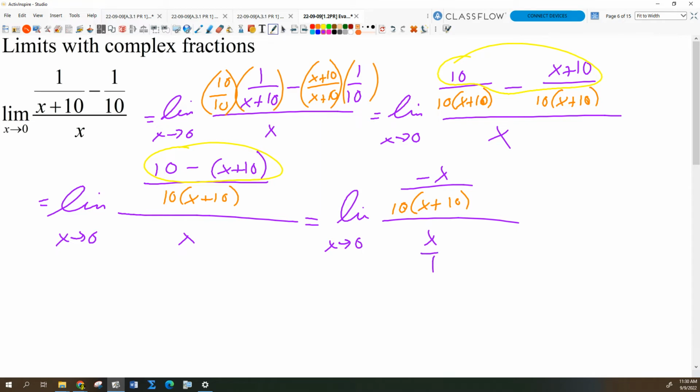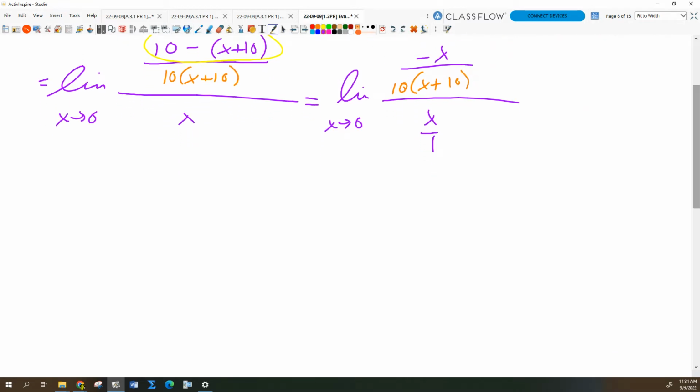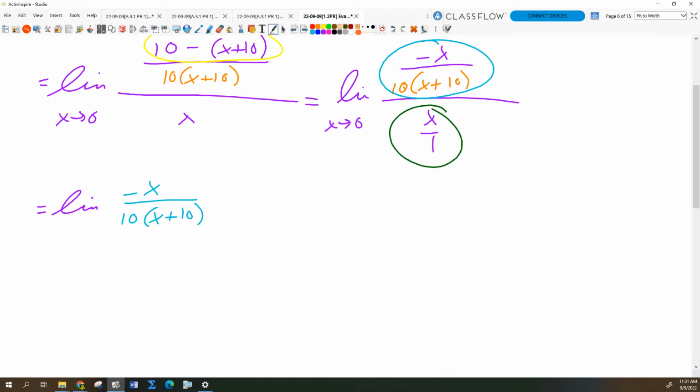And now I'll just flip and multiply by that bottom fraction, right? I've got a big fraction divided by a big fraction. And so we end up getting the limit of the numerator, and let's kind of color code this. So that one's going to be everything there, right? So the limit of negative x over 10 times x plus 10, times the reciprocal of the denominator.